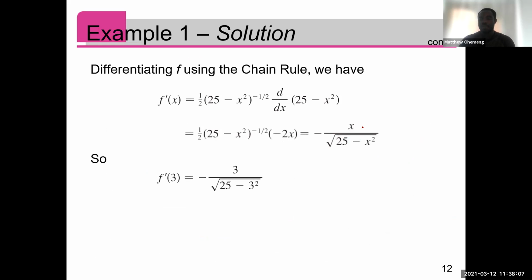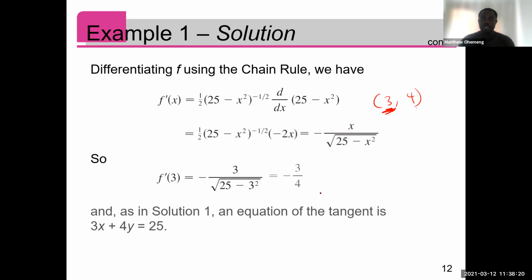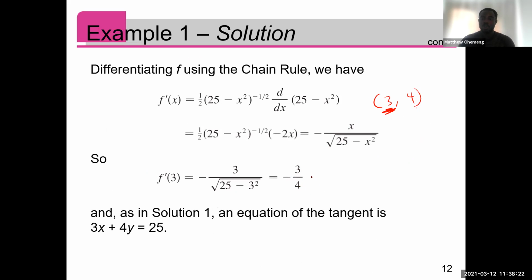This time you're using only the x, because the point is 3, 4. For implicit, you're using the 3 and the 4, but when you have an explicit solution, you only use the x. If you plug in 3, you get the same answer, negative 3 over 4 as your slope, and the same equation. But as I said, you won't be doing this, because for implicit you usually won't have an explicit solution for y.